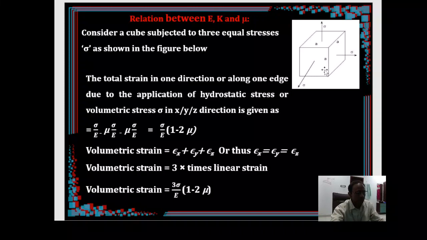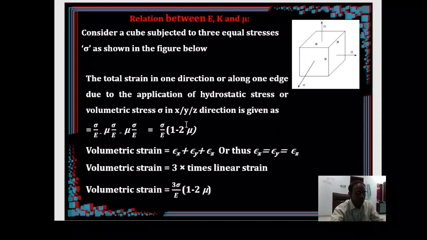Such a situation may arise where the force is acting in a fluid system, or stress is acting on a soil particle, right? So all the stresses are equally placed in all three dimensions.